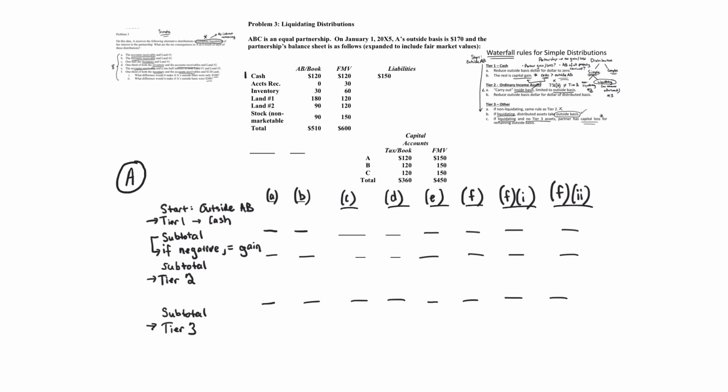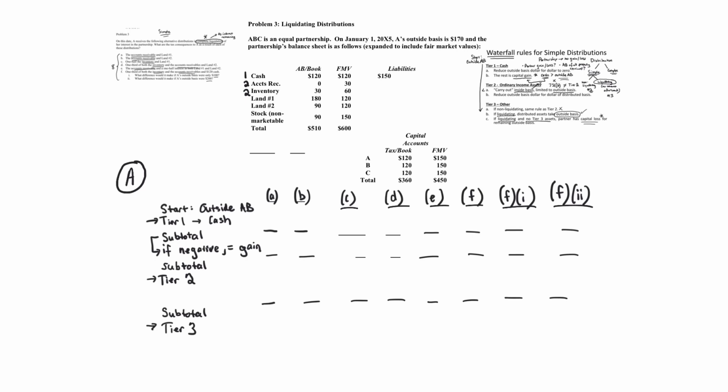Cash is obviously tier 1. We're asking in the hands of the partnership. Accounts receivable to the partnership is always a tier 2. Inventory, always tier 2. Again, remember, 751(b), you need substantially disproportionate, substantially appreciated inventory. But for this one, tier 2, it's any inventory.